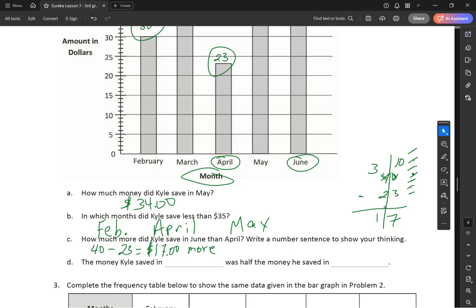Okay. And let's look at D. How much more did Kyle save in June than April? Write a number sentence to show your thinking. Okay, we did the first part. Let's do the second part. The money Kyle saved in April was half the money he saved in March.